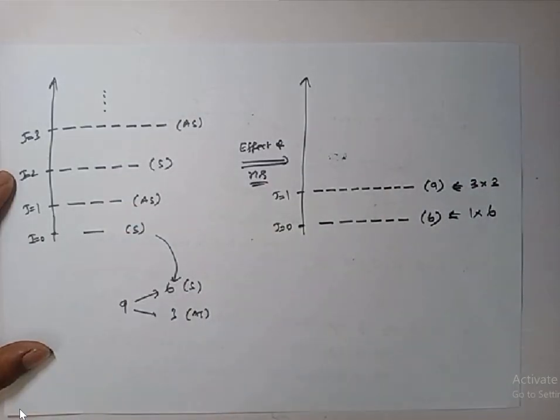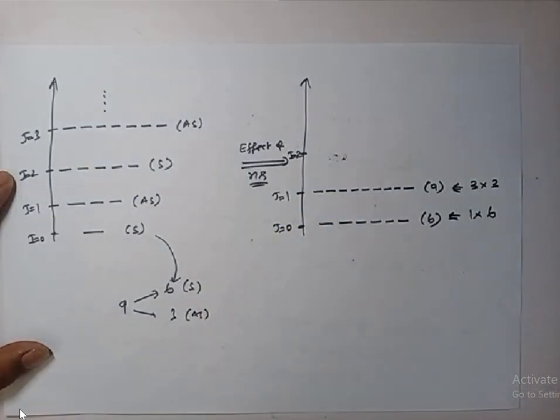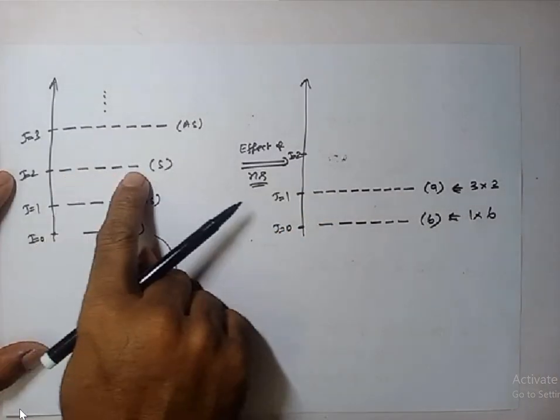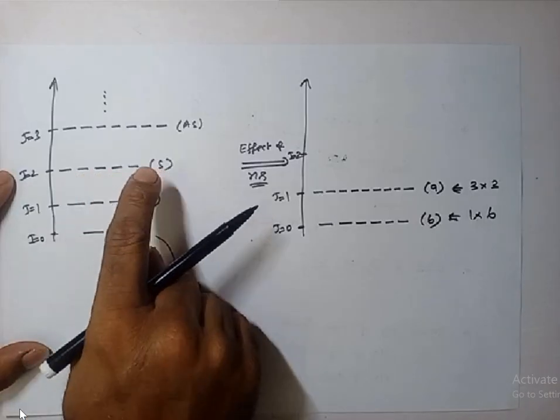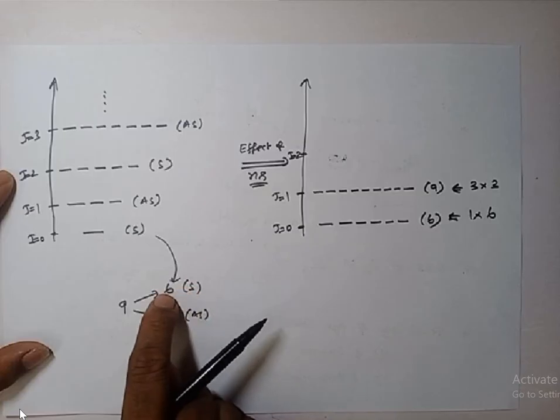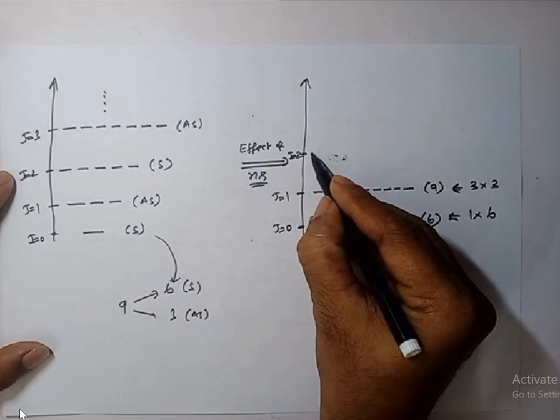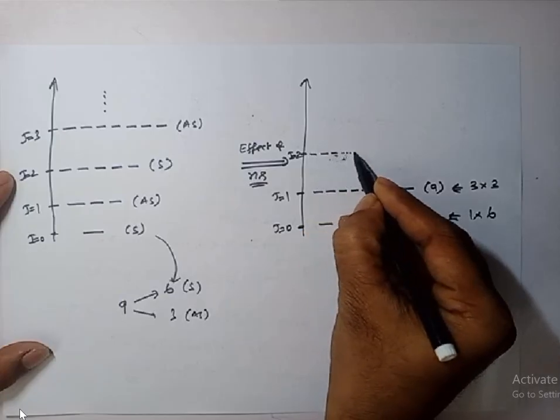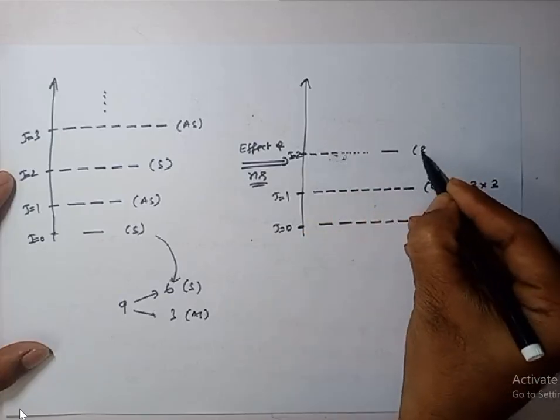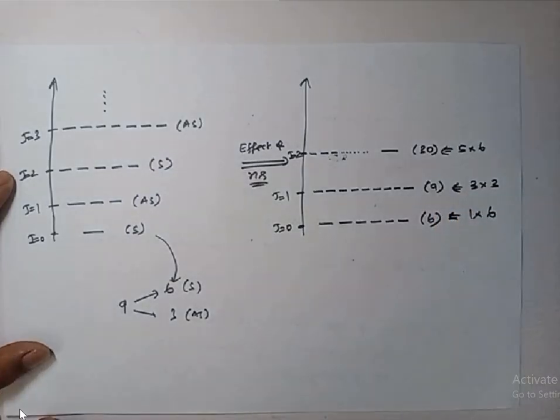So I'll get 9. Then, if you go to J equal to 2 level, here I have 5 states. All are symmetric. Symmetric will combine with the symmetric nuclear spin. Nuclear spin I have 6 here. So 5 into 6, I'll get 30 states. Let me write shortly like this: 1, 2, 3, 4, 5, 6, etc., up to 30 states.